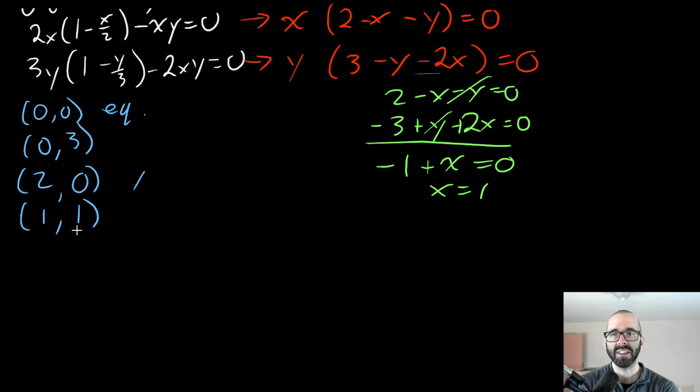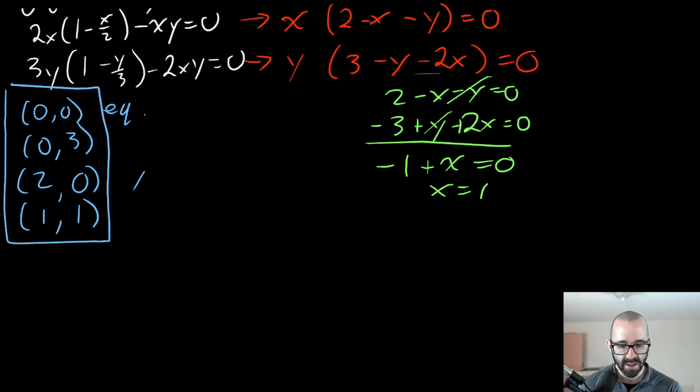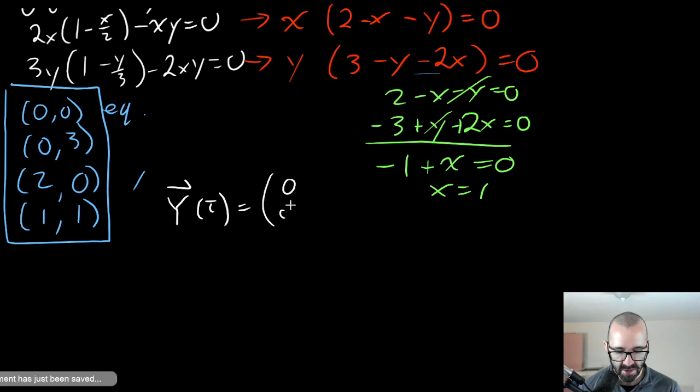So using our algebra skills, which I didn't know whether I even had, apparently I do still have algebra skills, which is great. Hopefully you do as well. Here are our equilibrium points. And again, we could say what are our equilibrium functions, right? Our equilibrium functions would be the constant functions 0, 0, right?